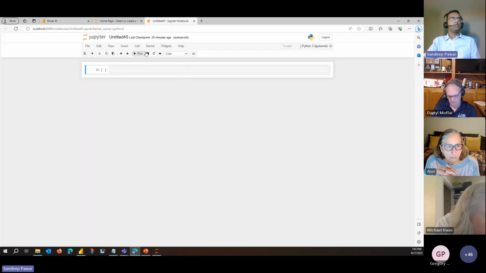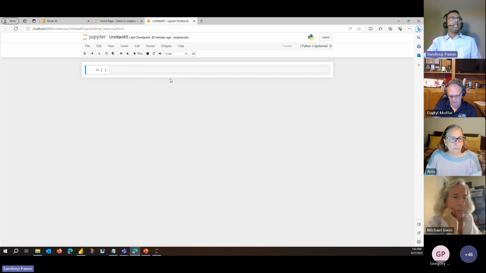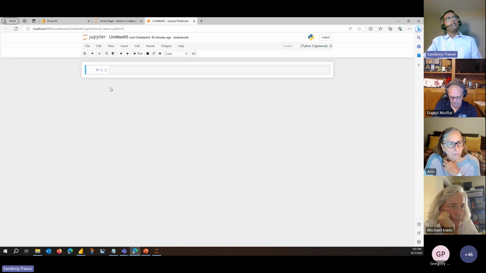If you've not heard about it, Jupyter Notebook is open source software, and you're able to run different languages like Python, R, even PySpark. In a notebook like this, it's very interactive, and you're able to get your output directly inside the notebook.